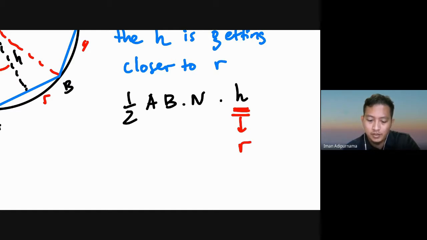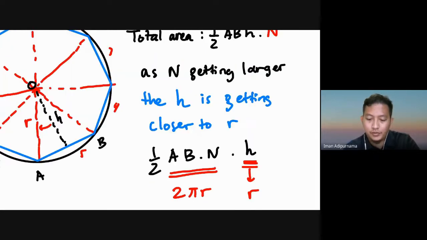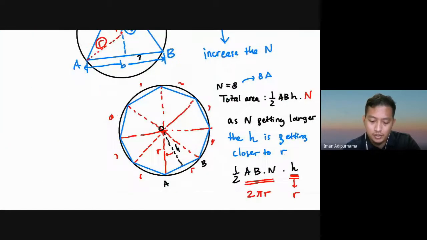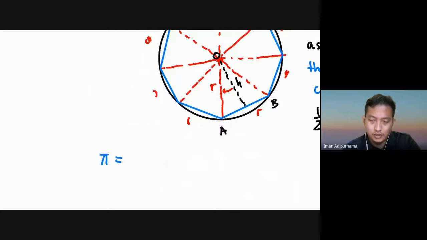And what will happen to AB times n? It will be getting closer to 2 pi r. If you remember, pi is actually the ratio between the circumference divided by the diameter.